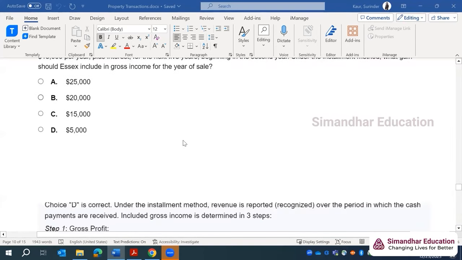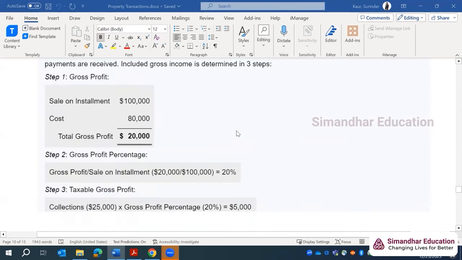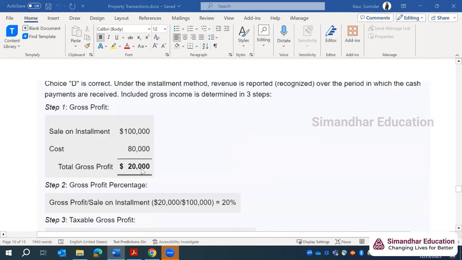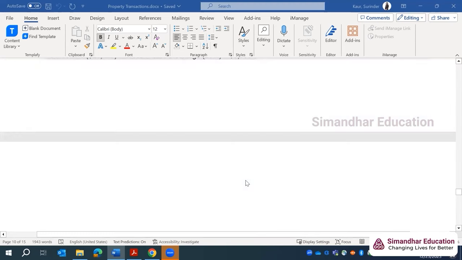How many of us are saying D? So $25,000 times 20%, which is going to be $5,000. So this is my gross profit. My gross profit percentage is 20%. I have collected $25,000. So the income that I will pick up is going to be $5,000.